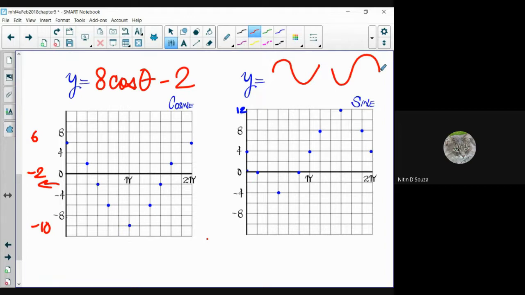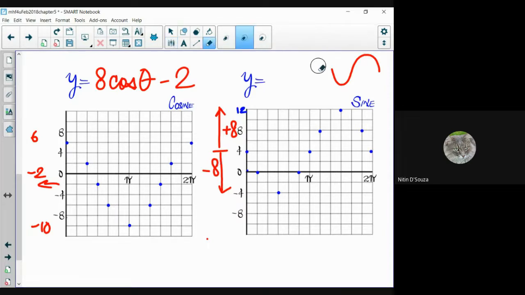Your midline is 4. 4 plus 8 will give you 12. 4 minus 8 will give you minus 4. Do you agree? So that means my amplitude is 8. But it's not just 8, it's negative 8 because of the reflection.